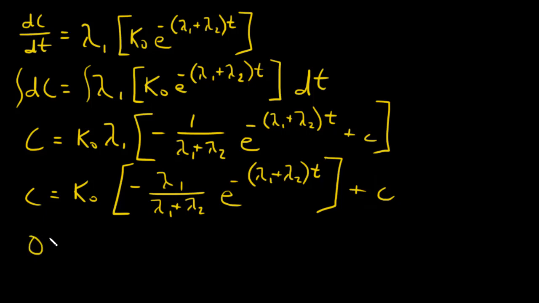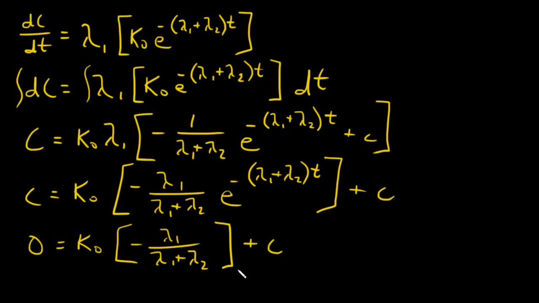So 0 is equal to K naught times all of this stuff. Well, if I put a t in here, this is a 1. So this just becomes negative lambda 1 over lambda 1 plus lambda 2, and then plus c, like that. Okay? So what does c equal?